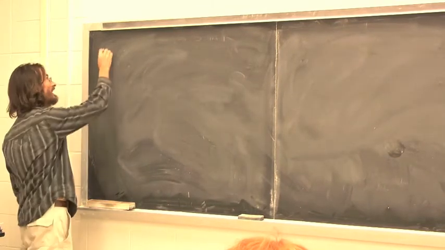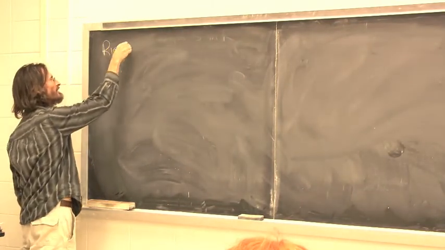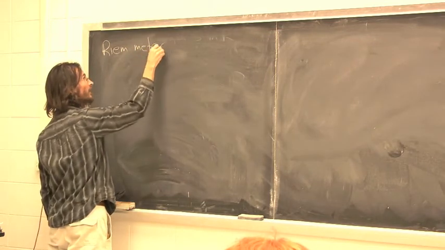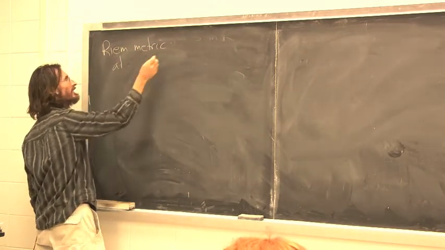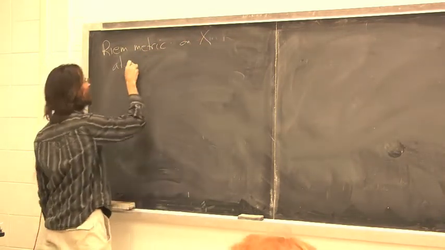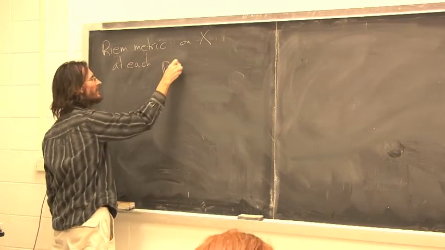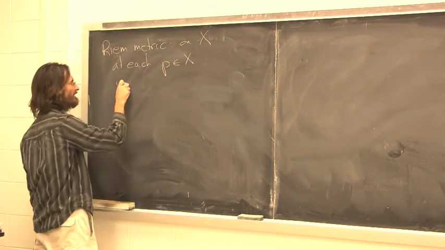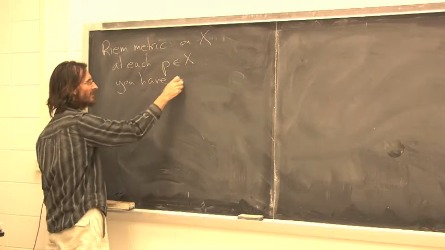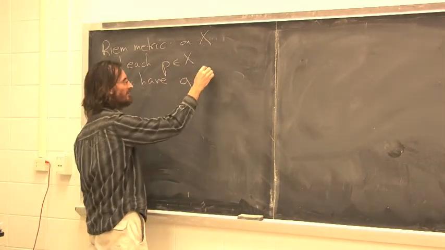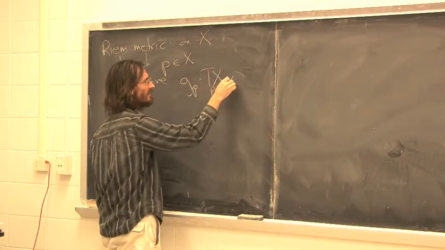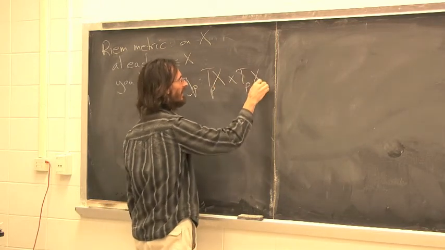The smoothness is what I glossed over, but let me remind you again. A Riemannian metric on X means at each point P in X, you have an inner product g sub P on the tangent space T_P X to R.